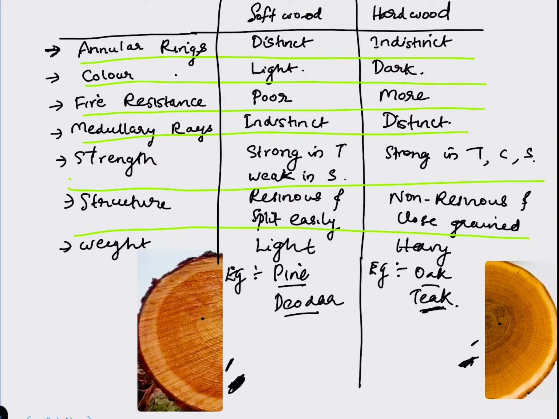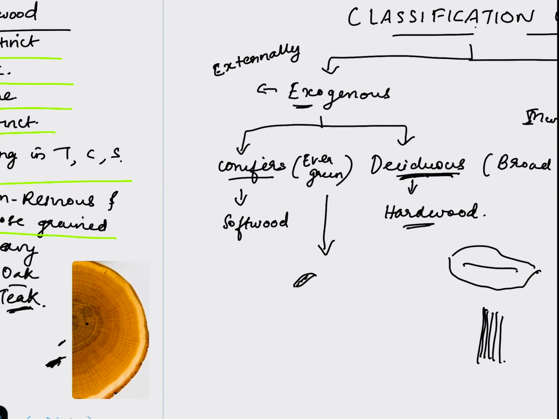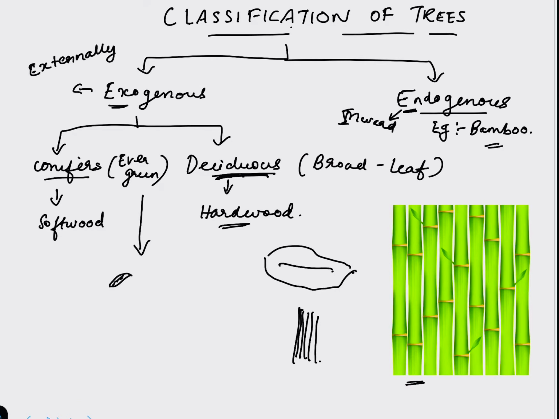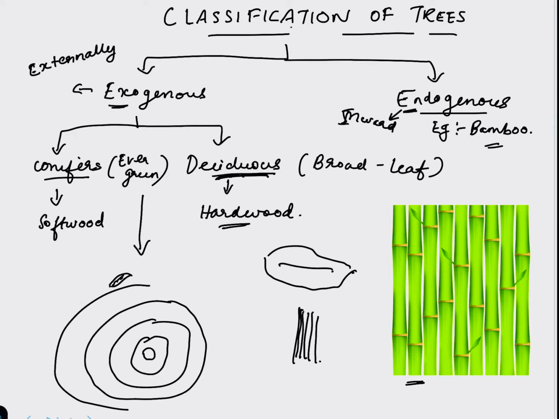Regarding the annular ring, okay, one more thing I forgot to mention in exogenous. Exogenous trees mostly have annular rings. According to the age, it will have rings like this.